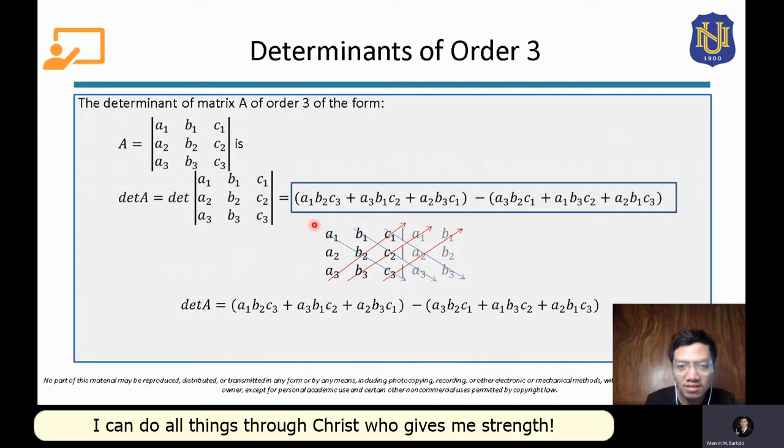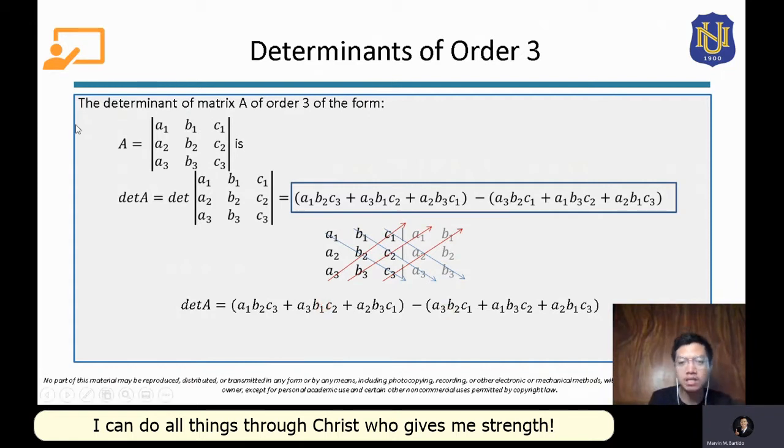So we don't need to memorize this. We just have to do what we are doing here using the basket method. So again, our rule in the basket method is we are going to rewrite the first two columns beside the matrix, and then we're going to multiply the elements in the downward to the right direction, and then we are going to sum those products, and then subtract the sum of the products of the elements that we multiplied in the upward to the right direction.